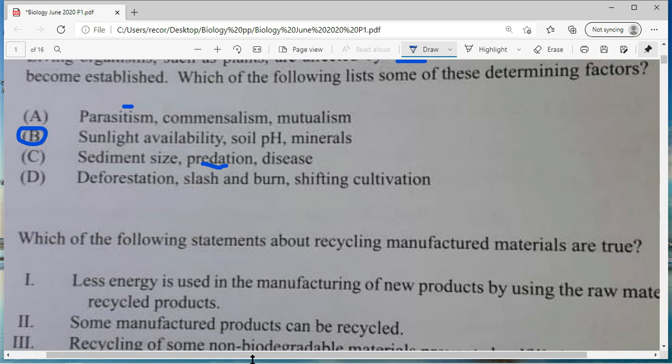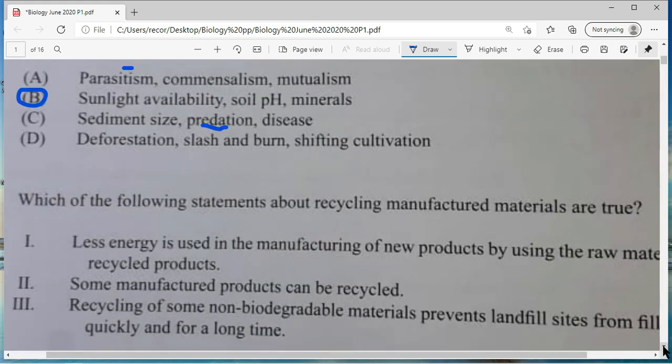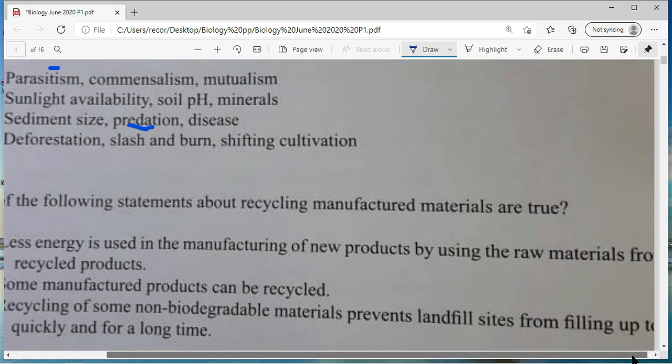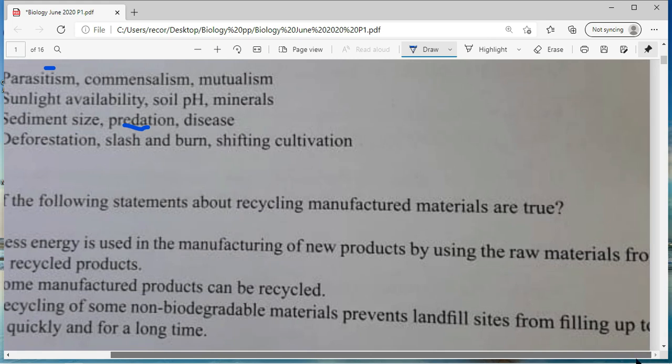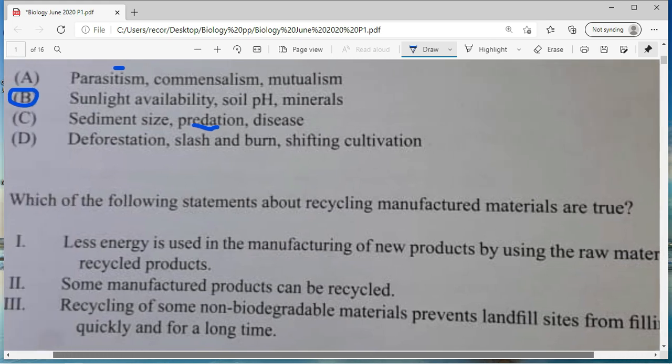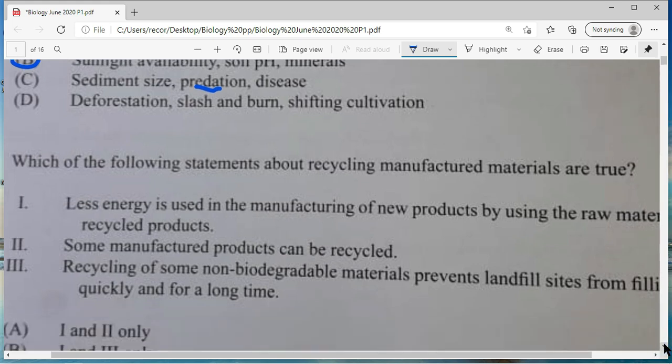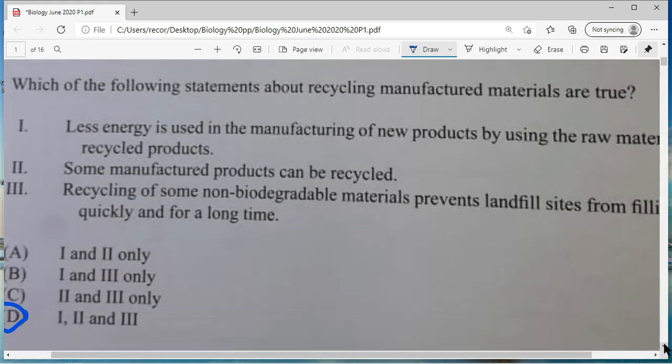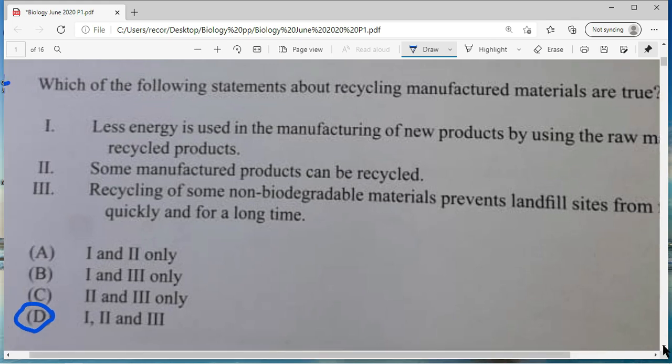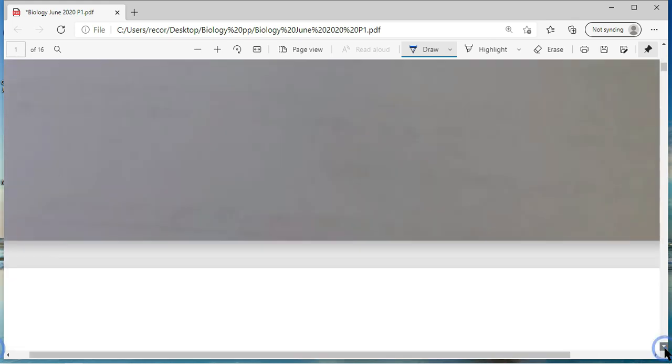We're not going to be recycling things like asbestos. It is too carcinogenic, so that definitely is not recycled. And recycling of some non-biodegradable material prevents landfills being filled up very quickly. So that is of course true. We want to ensure that we reduce, we reuse, and we recycle. So our answer here is going to be all. We think that all is pretty much applicable here. So D being the answer here.